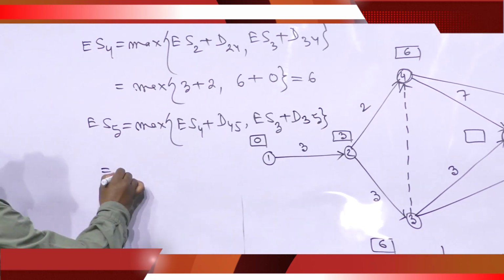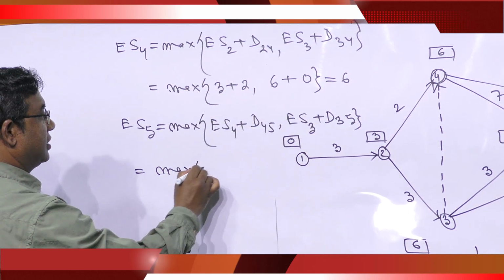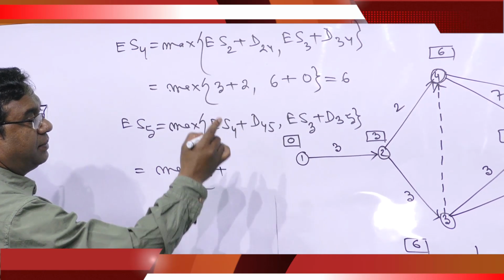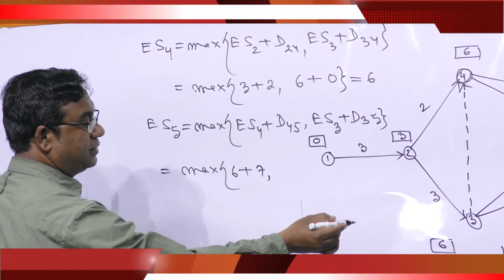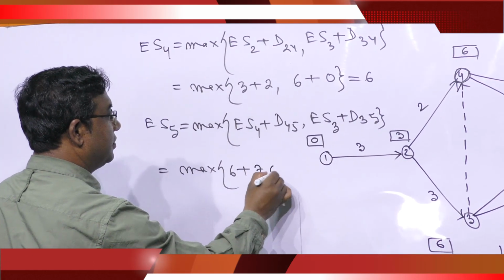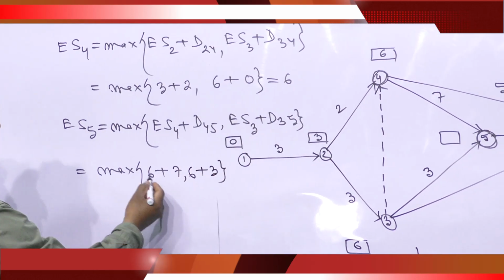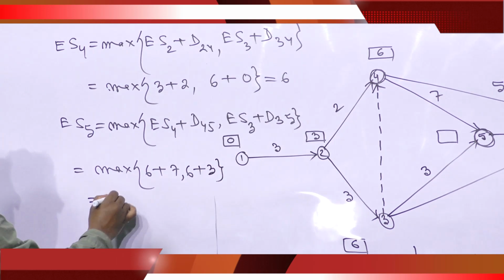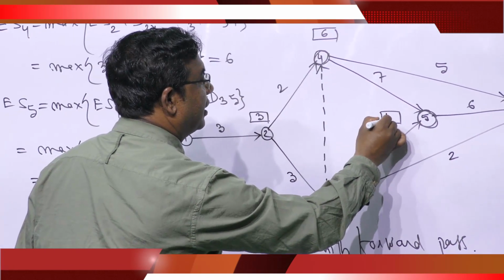This is equal to the maximum of ES4 6, D45 7, ES3 6, D35 3. So this is 13, this is 9. We have to take the maximum value 13. We have to write 13 here.